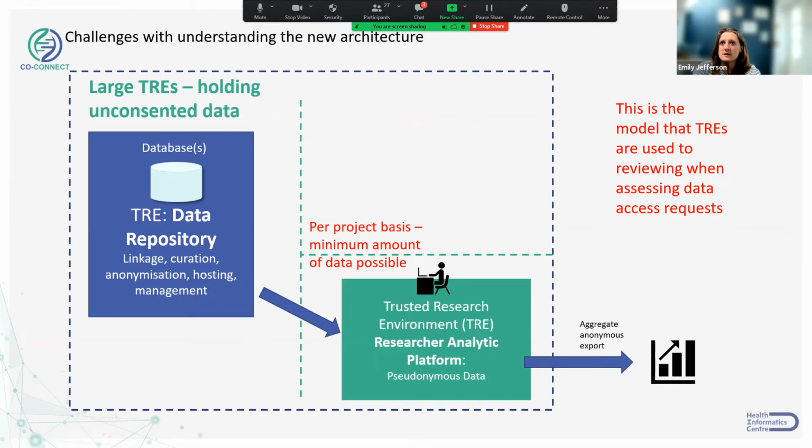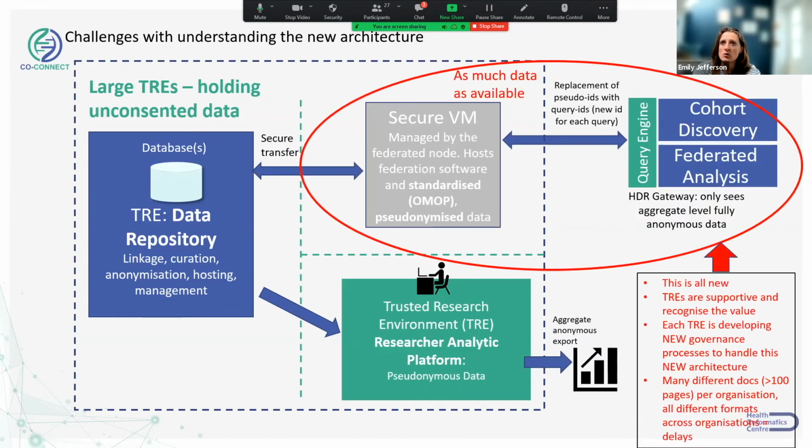So what we were asking them to do is essentially a whole new bit of architecture. We didn't want this secure virtual machine to be part of the trusted research environment, but we still wanted it to run within the overall architecture. And rather than wanting the minimum amount of data to answer the scientific question, we wanted as much data as available, because this is all about cohort discovery.